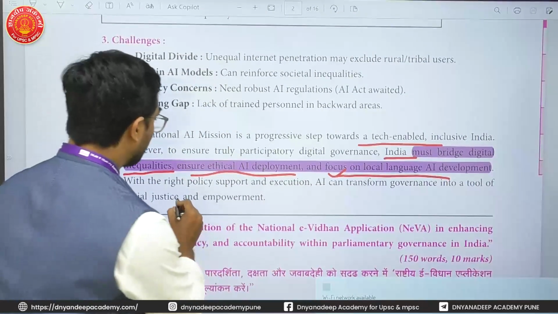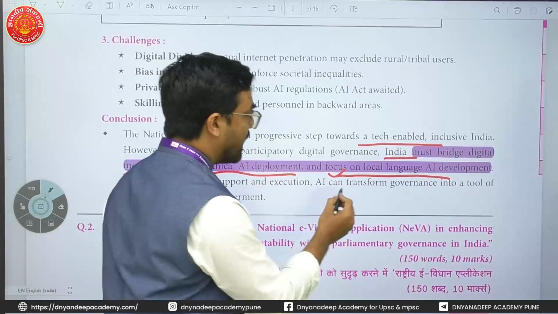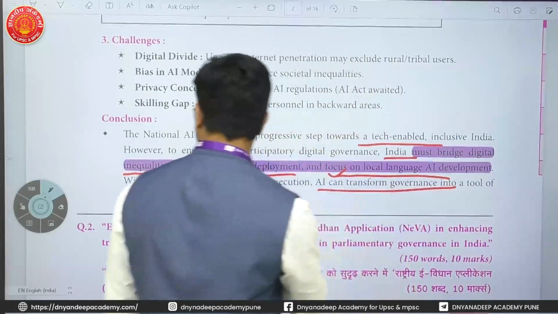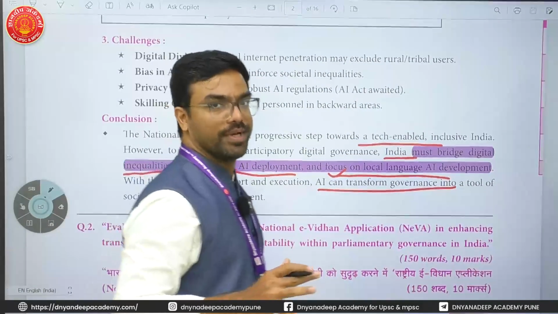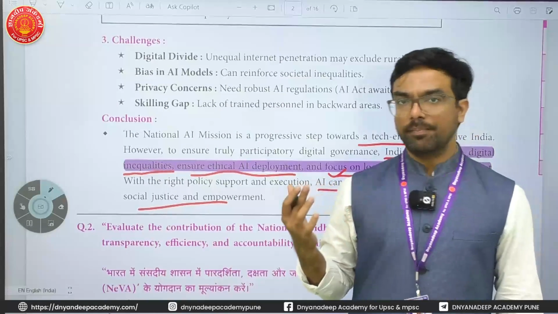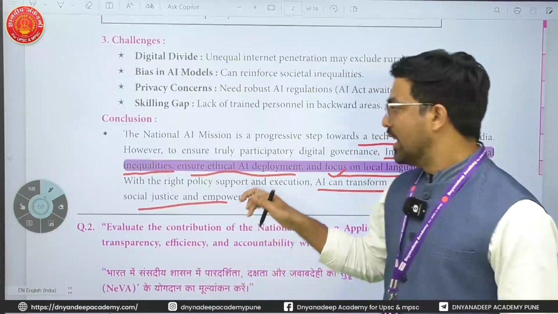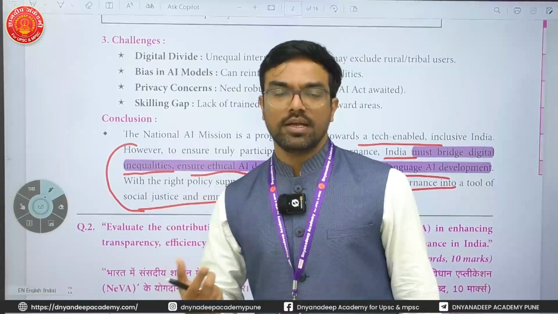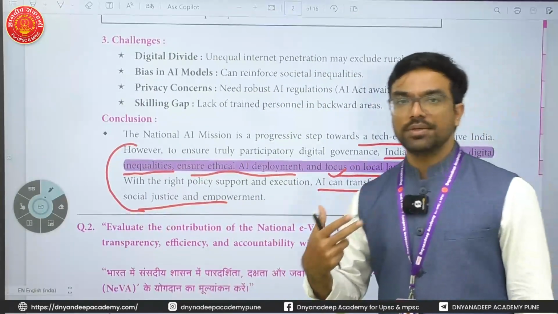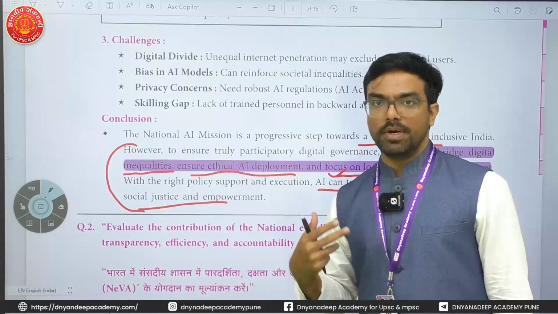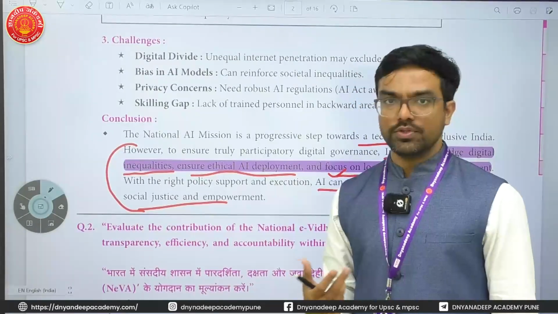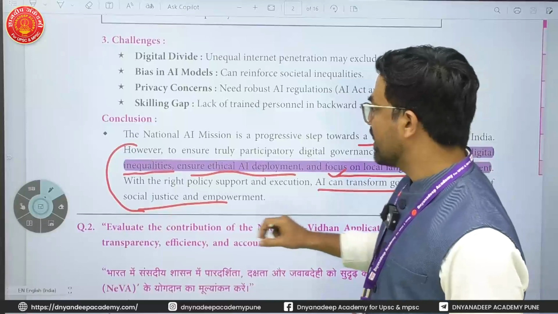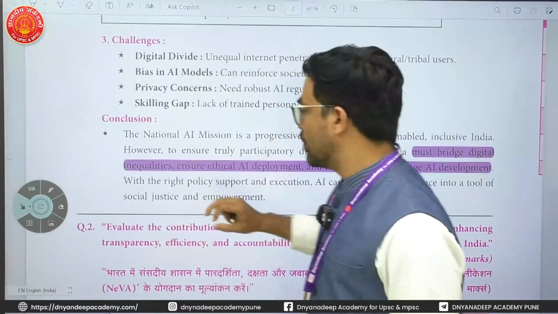So with the right policy support and execution, AI can transform governance into a tool of social justice and empowerment. So this is the balanced conclusion for this answer. Here we have mentioned what measures should be taken to make the National AI Mission address this and make digital governance more inclusive and participatory. So this was question number 1.